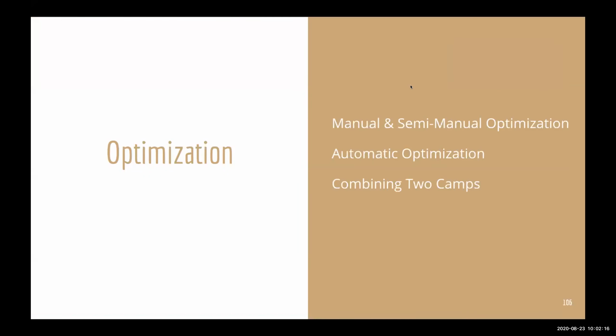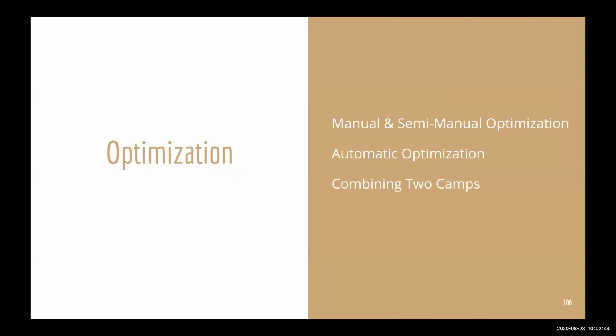So when we think about the optimization for the online metrics, I think there are two obvious approaches that we typically use. One camp, I organize as manual and semi-manual optimization. I'll mention what I mean by that in later slides.